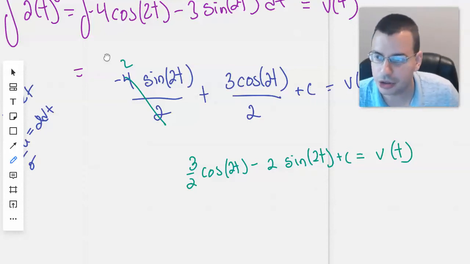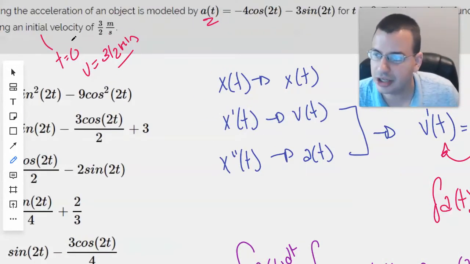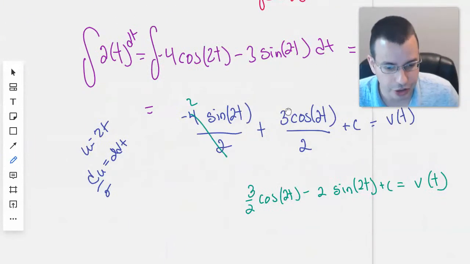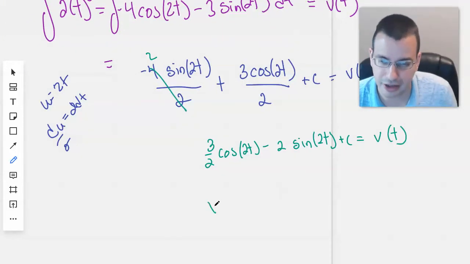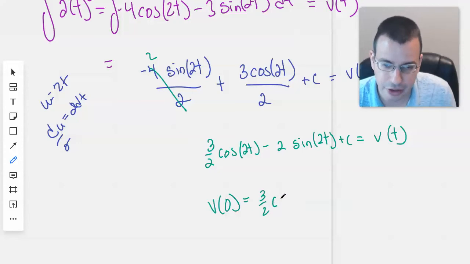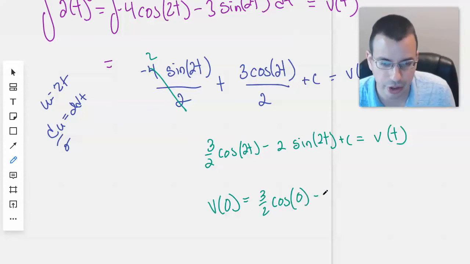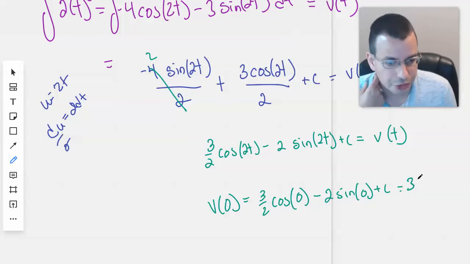And we are told that the initial velocity at t equals 0 is 3/2 meters per second. So we can take that data: v of 0 equals 3/2 cosine of 0 minus 2 sine of 0 plus c equals 3/2.